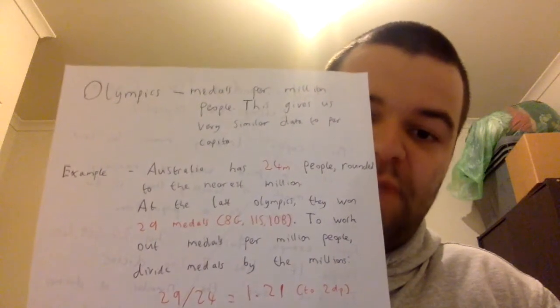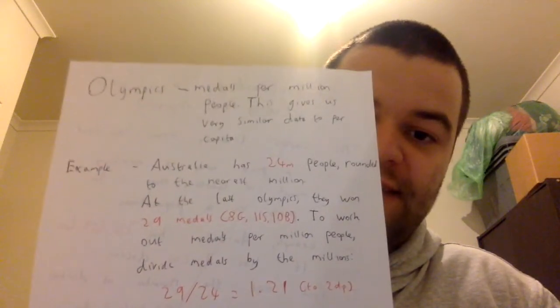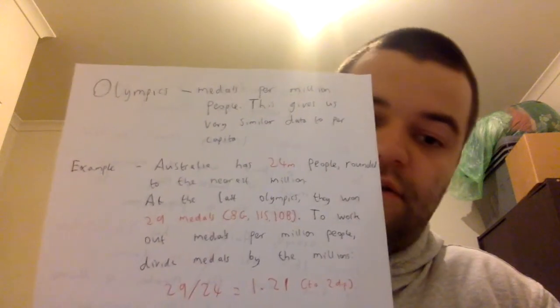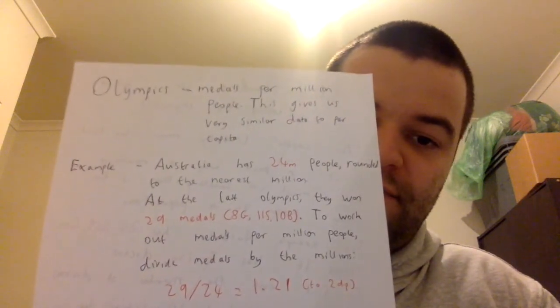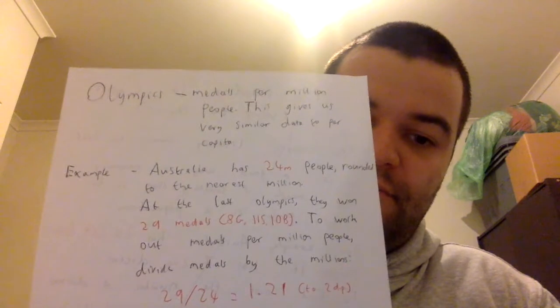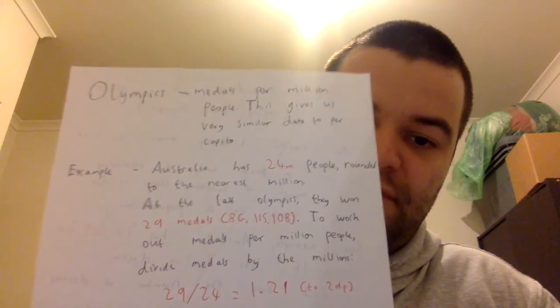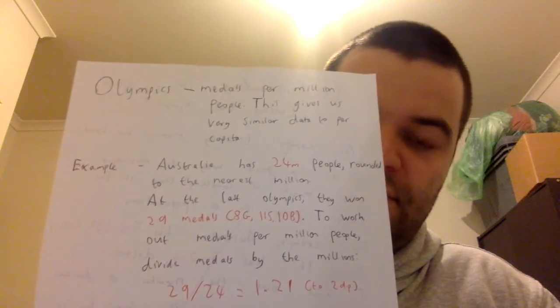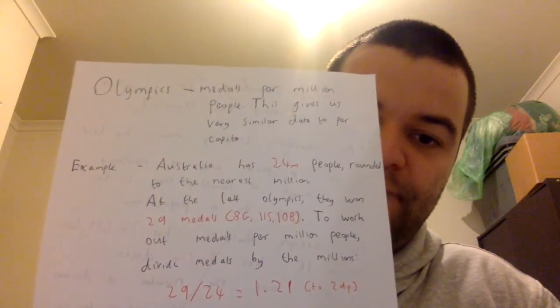Because as it's medals per million people, you just need to divide it by the number of millions, not by the actual number, okay? So I've done 29 for the number of medals by 24, because there are approximately 24 million people, and that gives me 1.21 if I round it to 2 decimal places, all right? So that means for every million people in Australia, Australia won 1.21 medals at the Olympics.